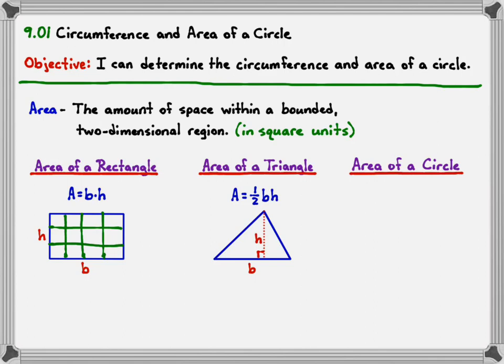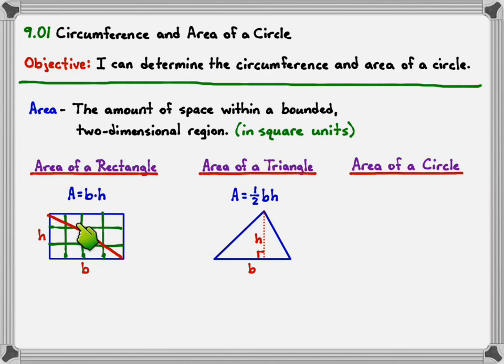Now, where does the idea of half come from? Why don't we just say the area of a triangle is base times height? Well, it comes from the idea of taking a rectangle and drawing a line diagonal across it. And so you can see, just like your mom would make you a sandwich for lunch and they would cut it in half, they would cut it diagonally. Well, when I cut it diagonally like that, I am cutting it in half.